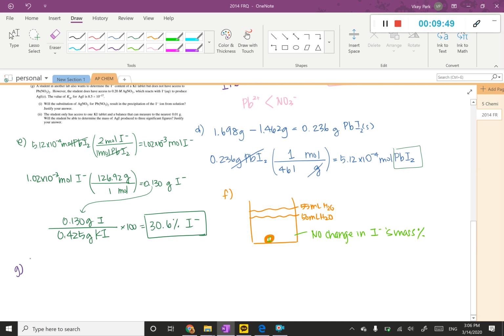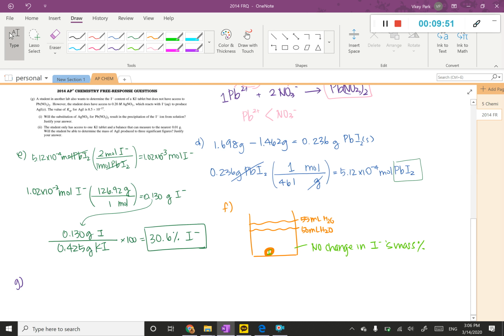G says a student in another lab also wants to determine the I- content of a potassium iodide tablet but does not have access to Pb(NO3)2. However, the student does have access to 0.2 molar AgNO3, which reacts with I- to produce AgI. The value of Ksp for AgI is 8.5 times 10 to the negative 17. Will the substitution of AgNO3 for Pb(NO3)2 result in the precipitation of I- ion from solution?